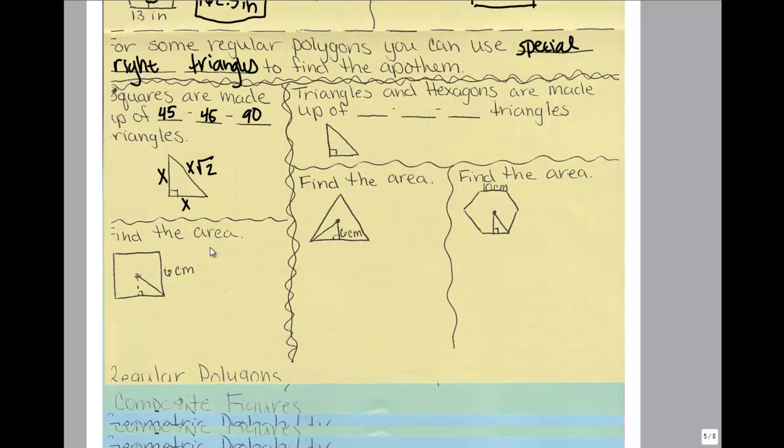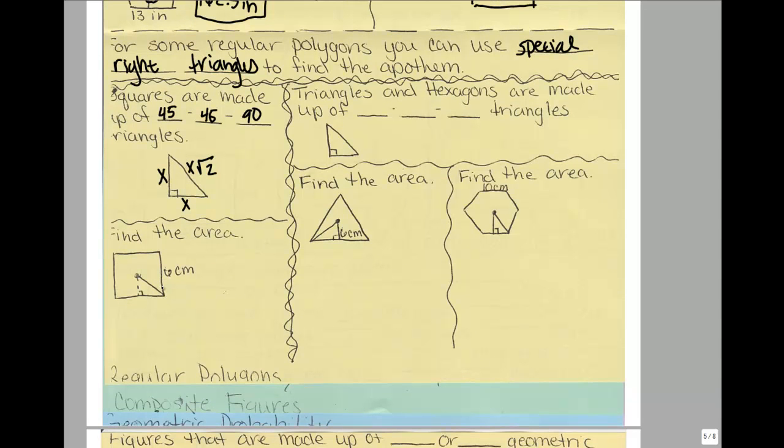So on this one, we know that a side length is 6, so that means that this little piece here is really 3, which gives me one of the legs. So if this bottom part is 3, that means that the apothem itself is also 3 centimeters. So the area is equal to half the apothem times the perimeter.